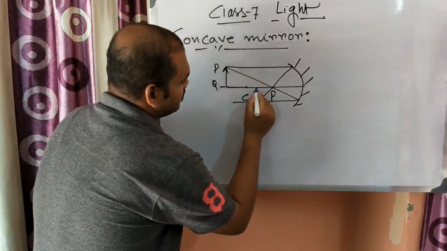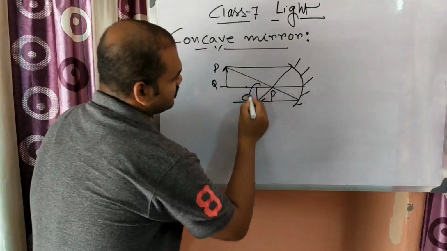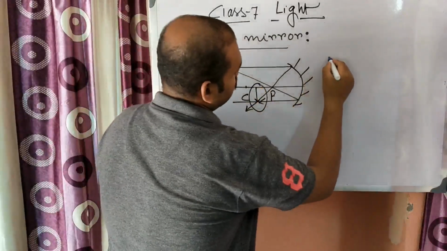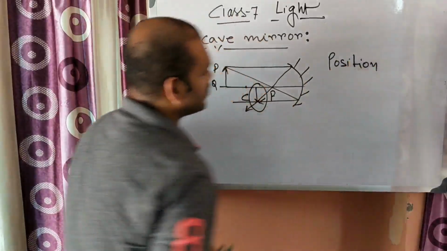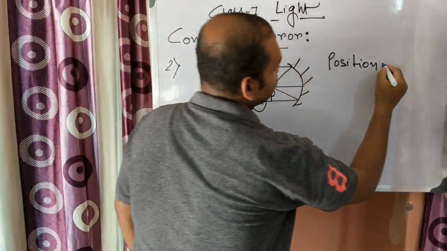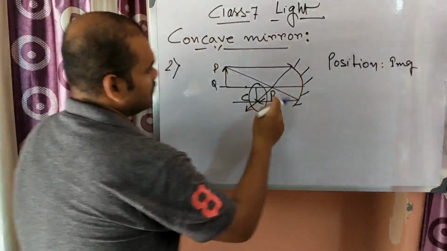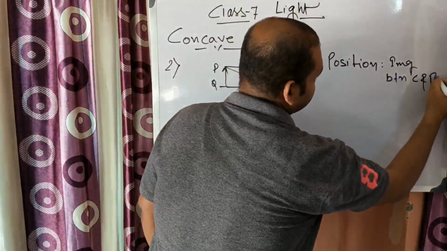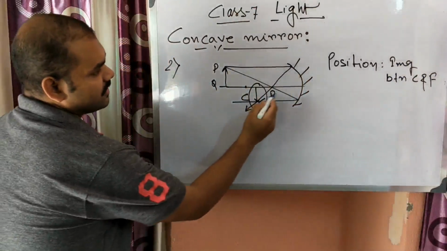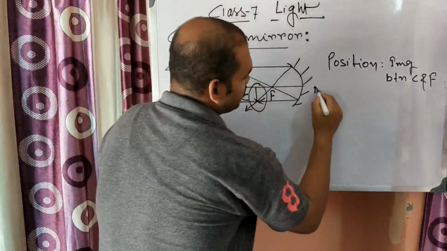Okay, and they meet at a particular point where these two rays intersect. There the image forms, and in this case the position of the image will be between C and F, between center of curvature and focus. Okay, and what is the nature of the image?